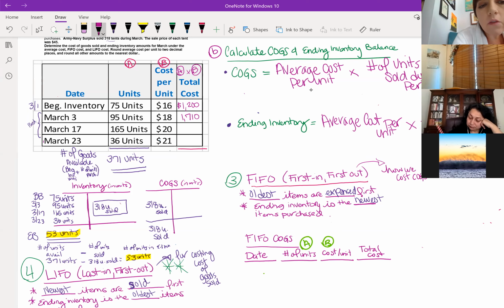March 17th, we purchased 165 units at $20 per unit. And this layer has a value of 3,300. March 23rd, 36 units were purchased at $21 per unit. Total cost of $756.